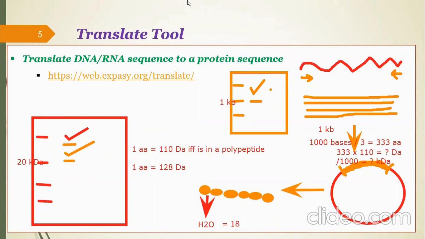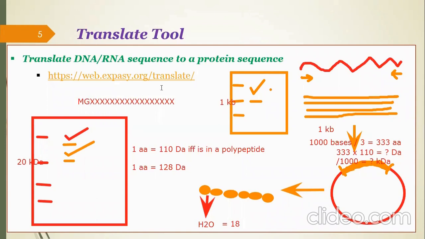And one more thing we have to keep in mind: if we have a sequence of amino acids, like M, G, T, MGX, these are multiple amino acids. So what could be the size of these amino acids and the peptide chain?